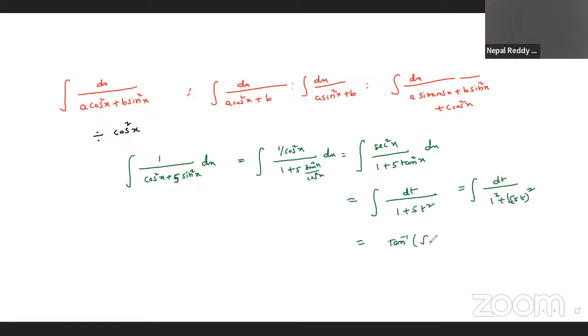Therefore, tan inverse of root 5 t plus c is the answer. Here t is tan x in this case, right? So this is the answer. We will discuss another question.